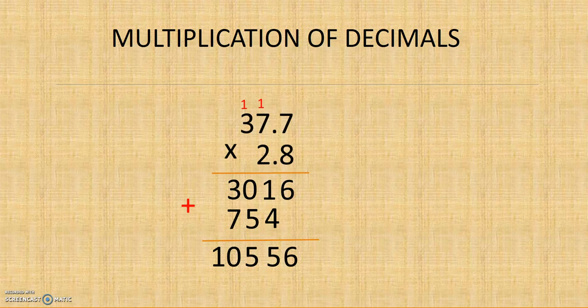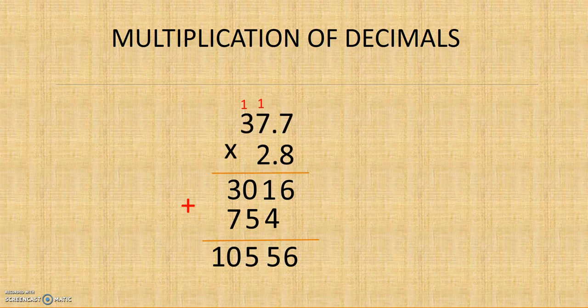So for the final steps, place the decimal point equal to the sum of the decimal places in both numbers multiplied. So let's check our factors, how many decimal places. For the first factor, we have 1 decimal place. And for the second one we have also 1 decimal place.